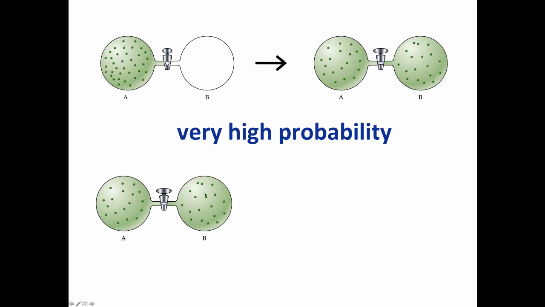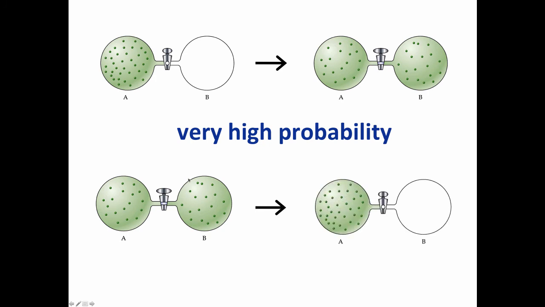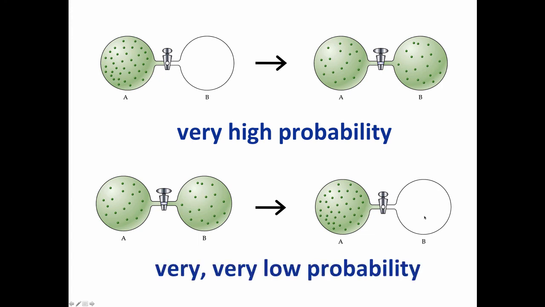However, if we start with the molecules evenly distributed, it's incredibly unlikely that even at some instant in time, all the molecules are on the left and none of them are on the right. And so that's a very, very low probability. And when we start getting to macroscopic amounts of substance, so we have large numbers of molecules, it's so low a probability it essentially never, ever happens.